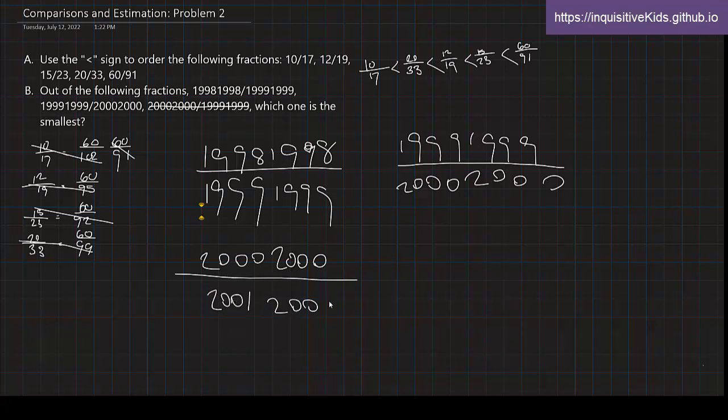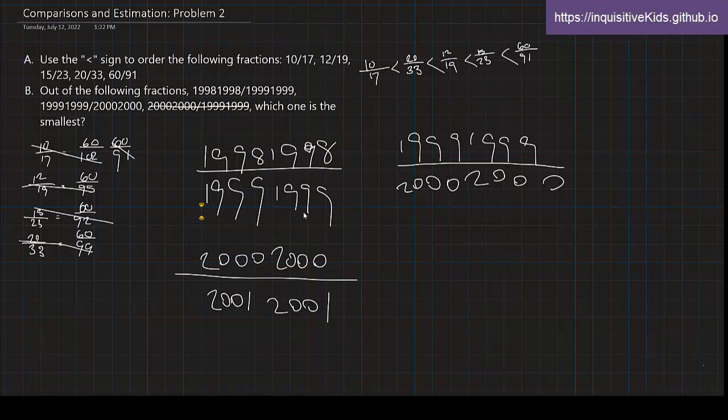Okay, so this is an interesting problem. So pause the video and see which one you think might be the smallest, the least. All right, I'm thinking that you chose this fraction, didn't you? Because if you look at it, its numerator is the least, and so is this as well.